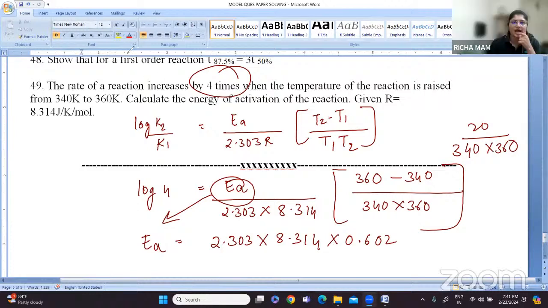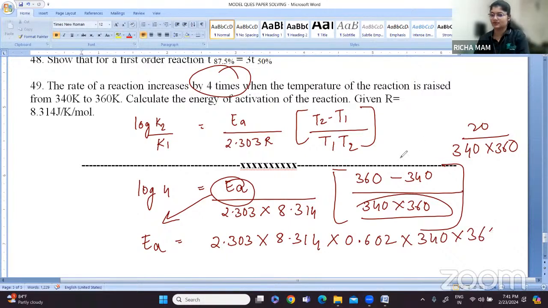So after shifting to the numerator, that is Ea equals 2.303 into 8.314 into 0.602, and 340 into 360 also goes in the numerator, divided by 20.